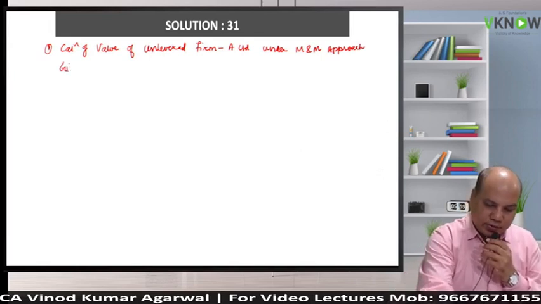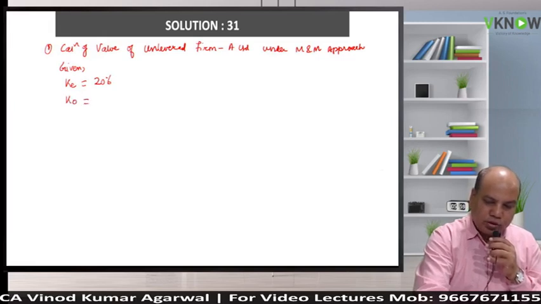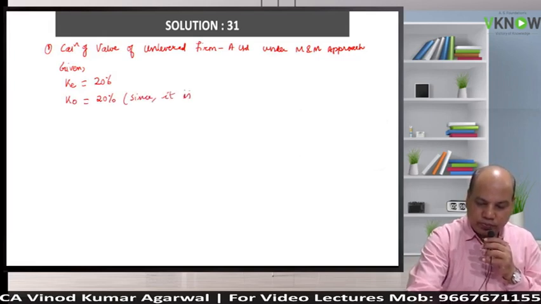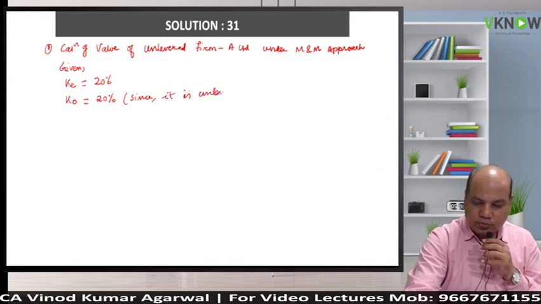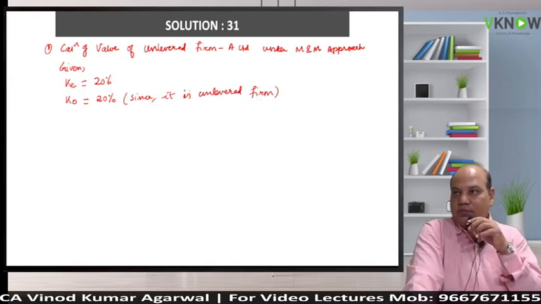So what is given? Cost of equity is given as 20%. KO will also be equal to 20%. Why? Since it is an unlevered firm with no debt, KO is equal to KE.